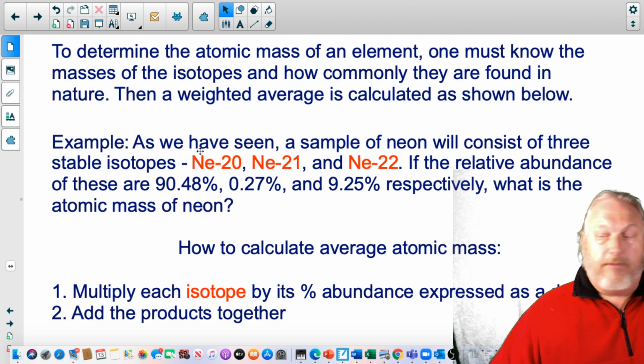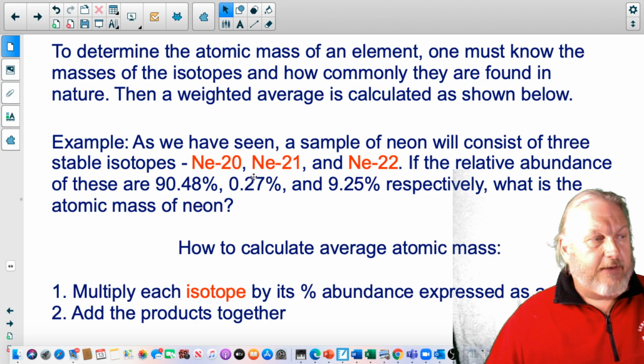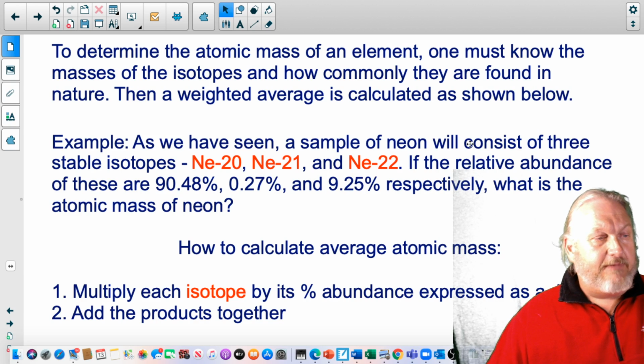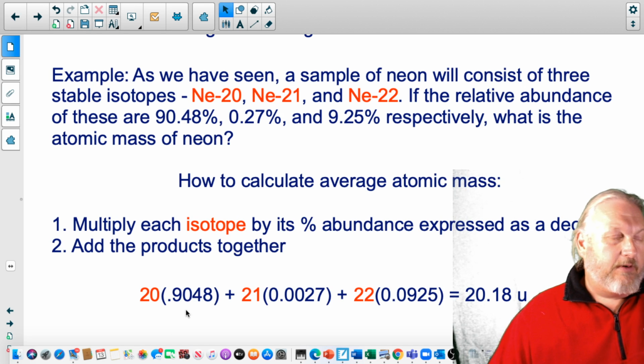To calculate it, we're going to take a weighted average. So we did this last year, but how do we do that? We've got a sample of neon. We know what the percentages are of neon 20, neon 21, and neon 22. So what we're going to do is multiply the A number of each isotope by its percent abundance.